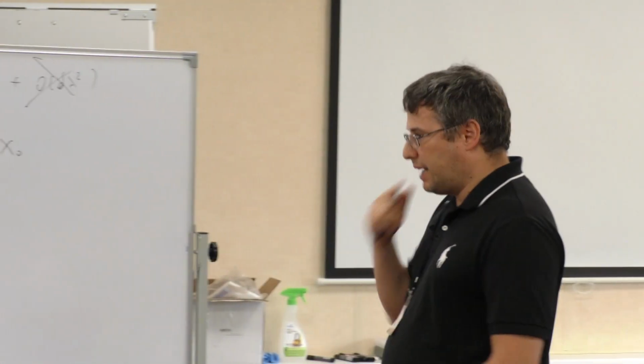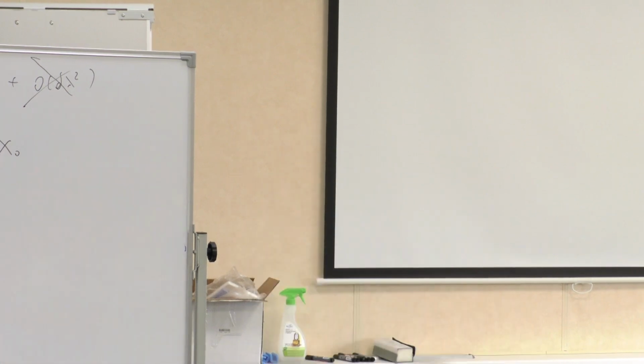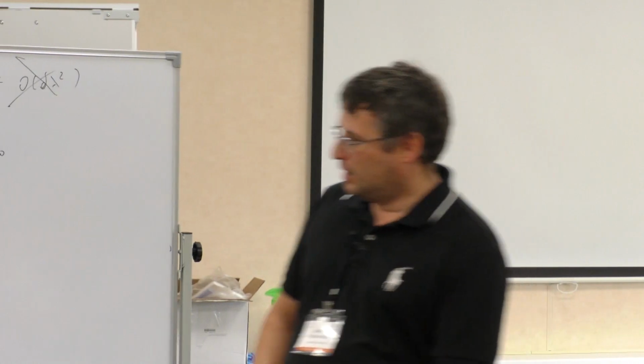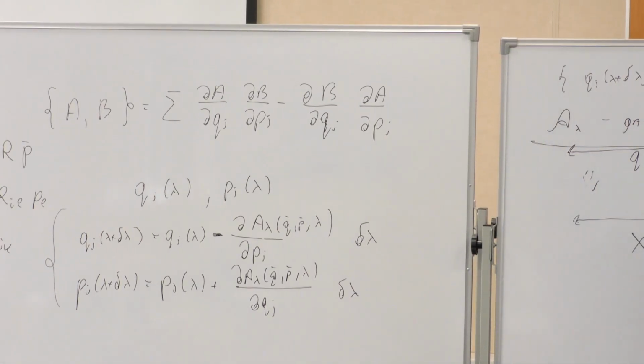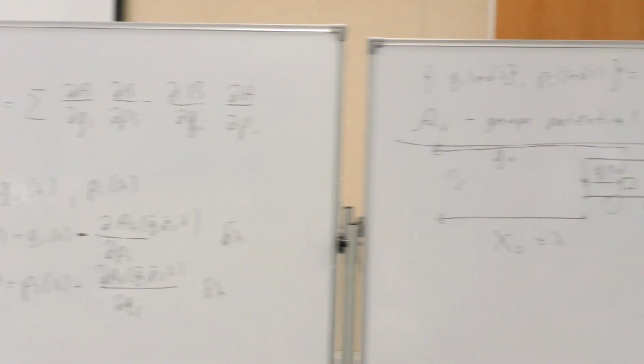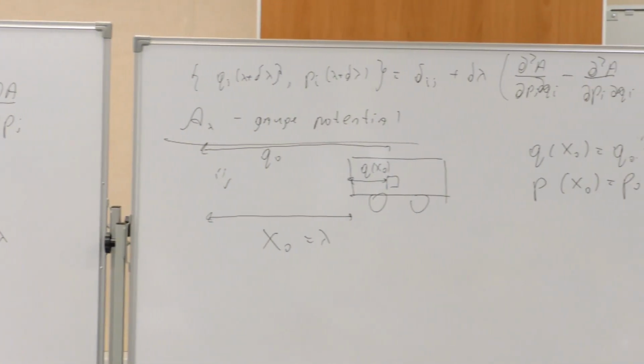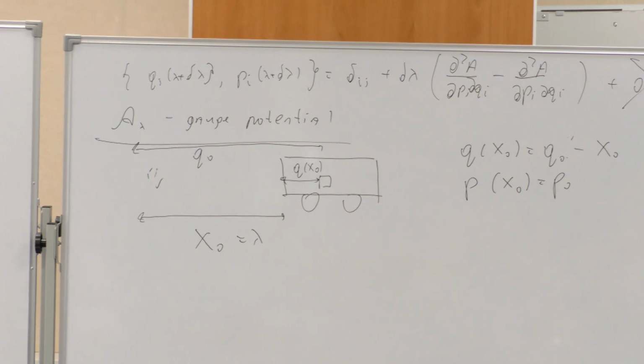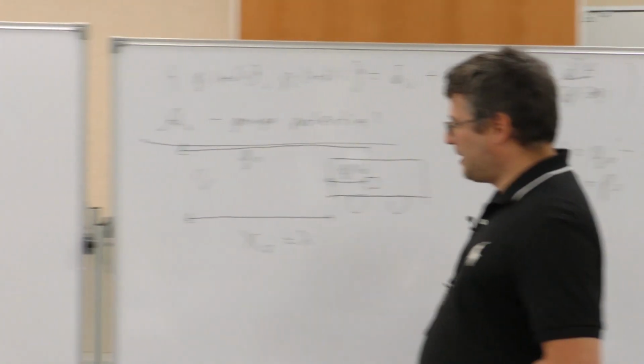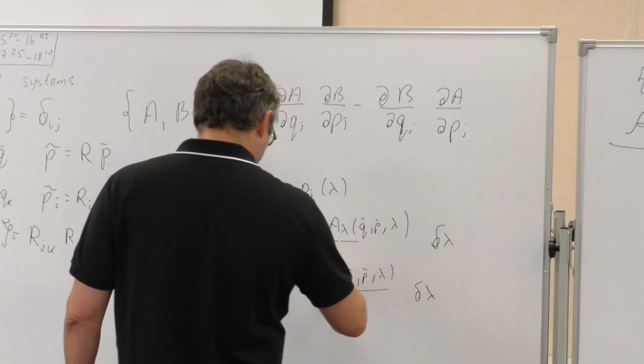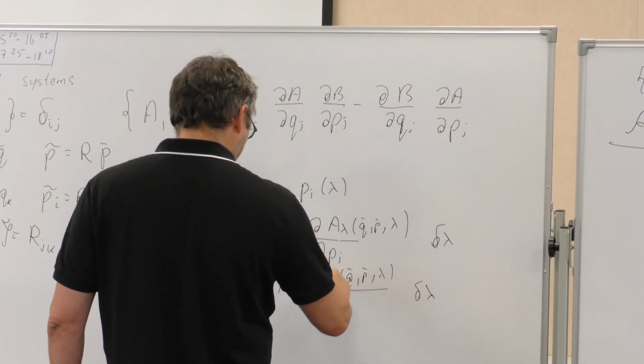So let's try to find what is the generator of this canonical transformation. The generator is A. What is my gauge potential for translations? Sorry for my handwriting. This is A, my attempt to write A sub lambda.